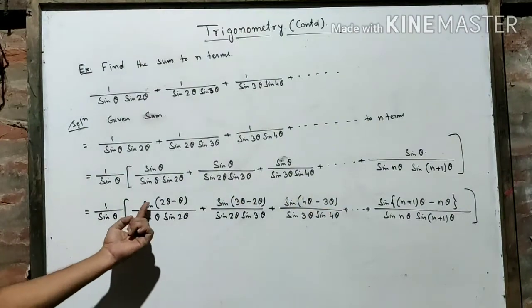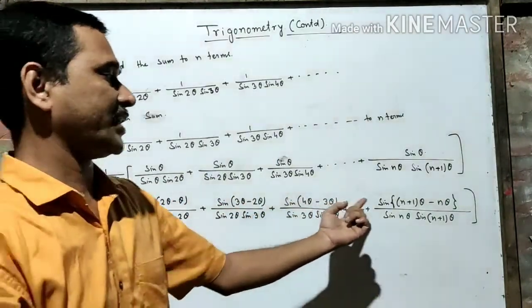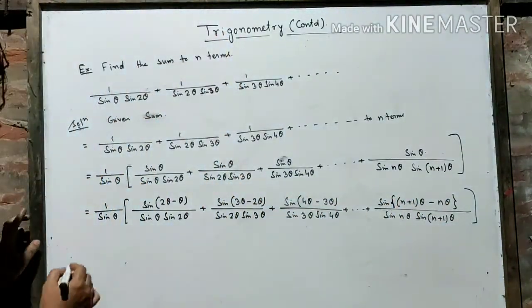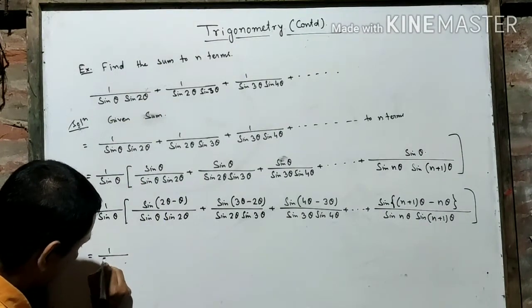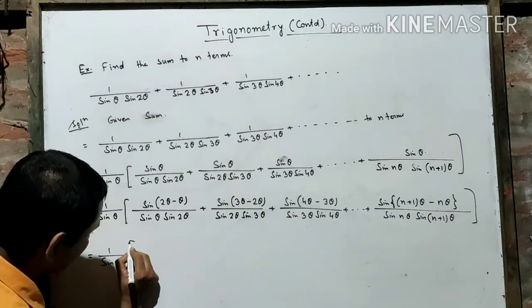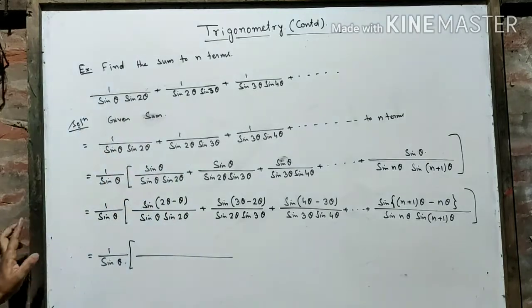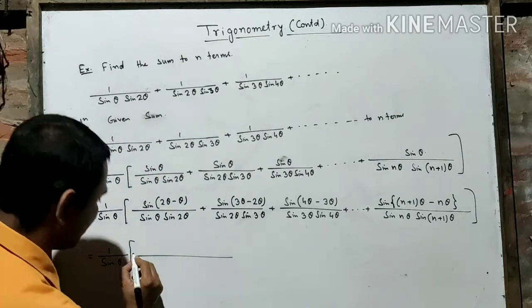Now this is of the form sine a minus b, sine a minus b, sine a minus b. We will expand it by the formula. This is equal to 1 by sine theta. What is sine a minus b? Sine a cos b minus cos a sine b.